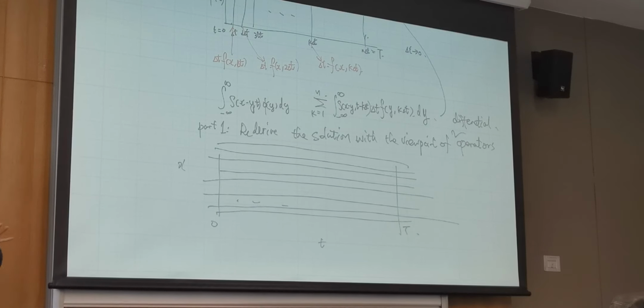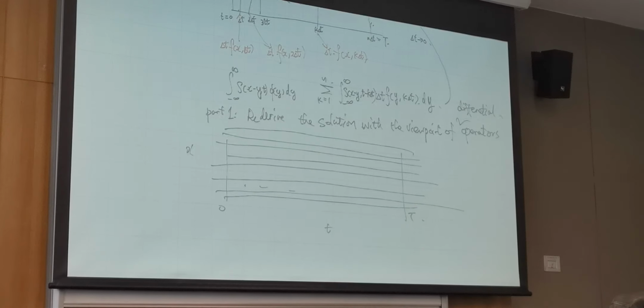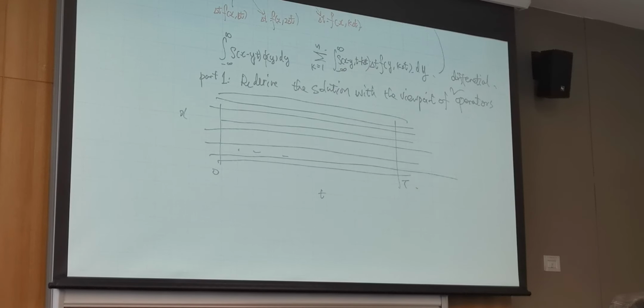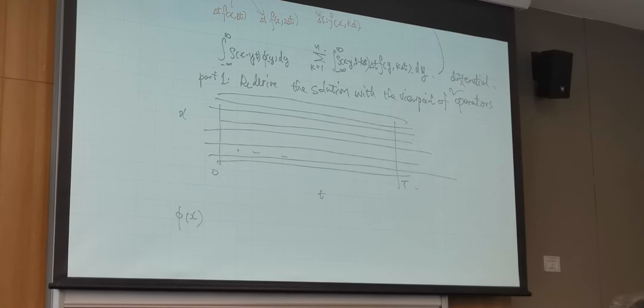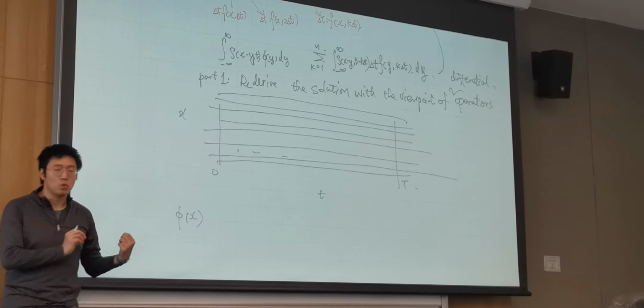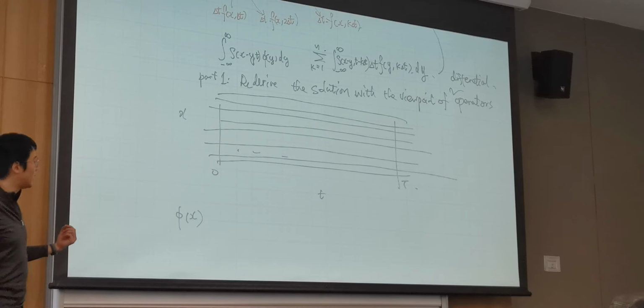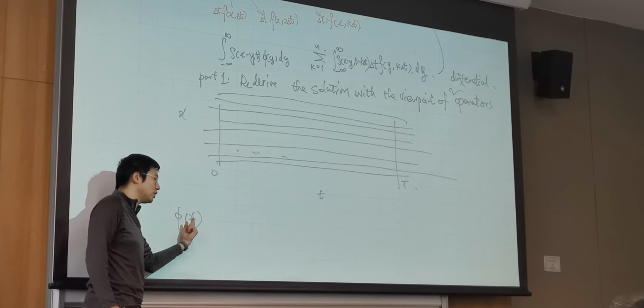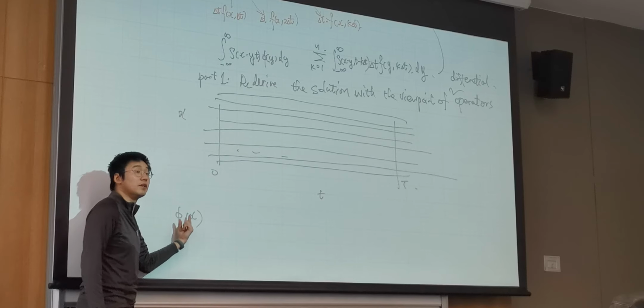the spatial distribution. Or a little bit more specifically, my initial condition phi x. Initially it was a function on space, but now the space has really been discretized, which means that my phi x, the x is not going to take continuous values, instead it's going to take discrete values.